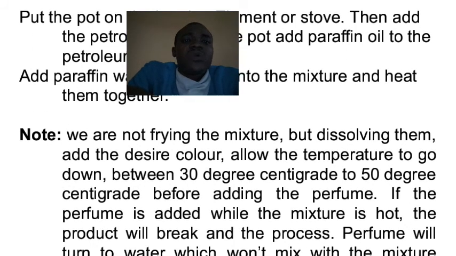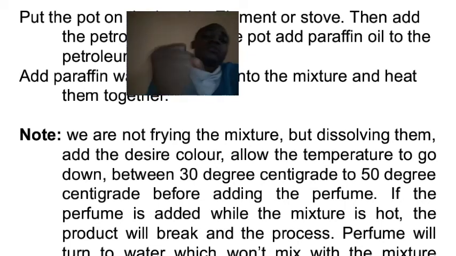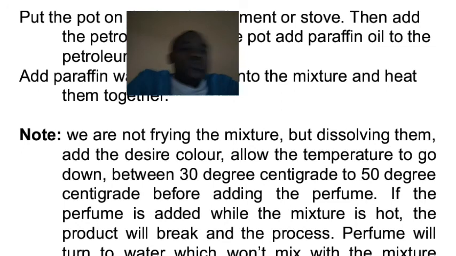Now, you are not frying the mixture. What you are simply doing is dissolving them. Then you add the desired color, because when they give you those things, some of them are not dissolved. So you put it on the fire or on the stove, you are dissolving them, then you add your color.